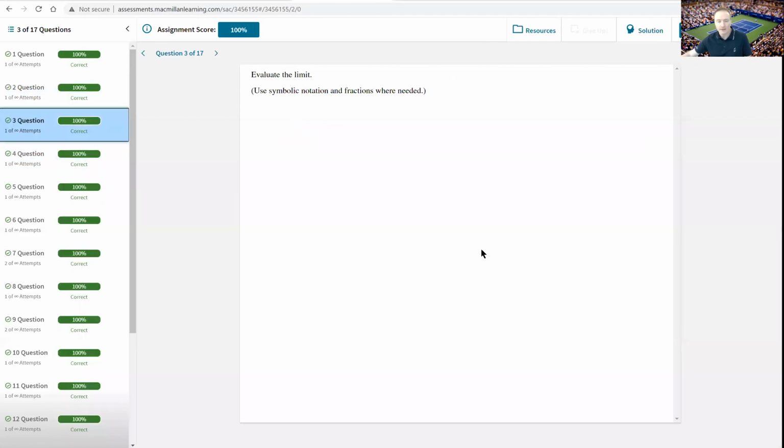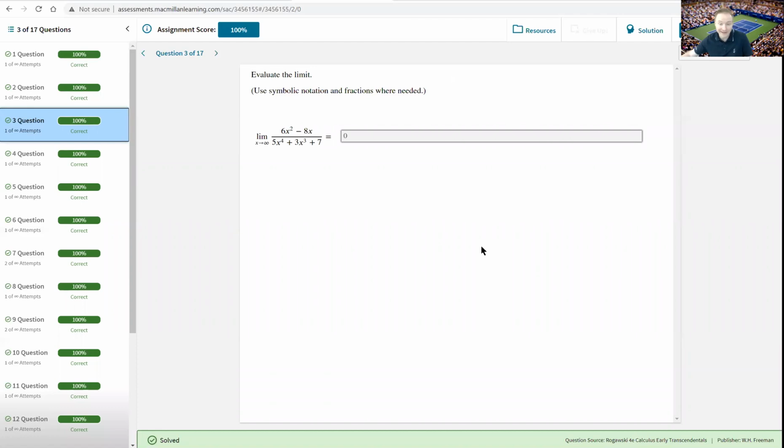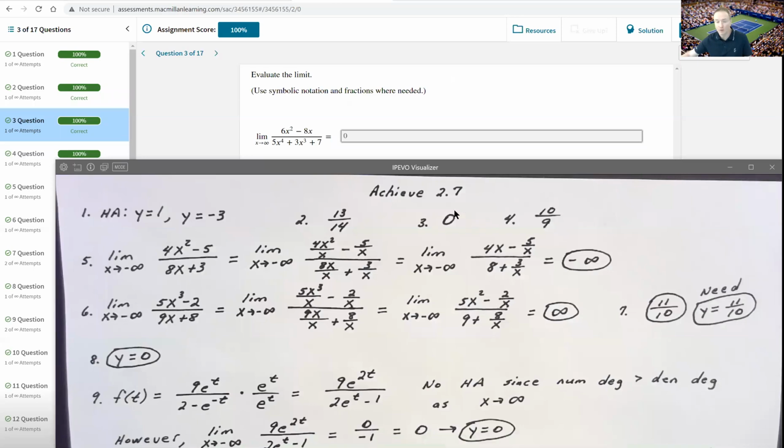For number 3 here, again, really no work to show. Why is there no work to show? Well, because it's a limit as x approaches infinity. Every single solitary time, if the degree of the denominator exceeds that of the numerator, y equals 0 is always your answer.